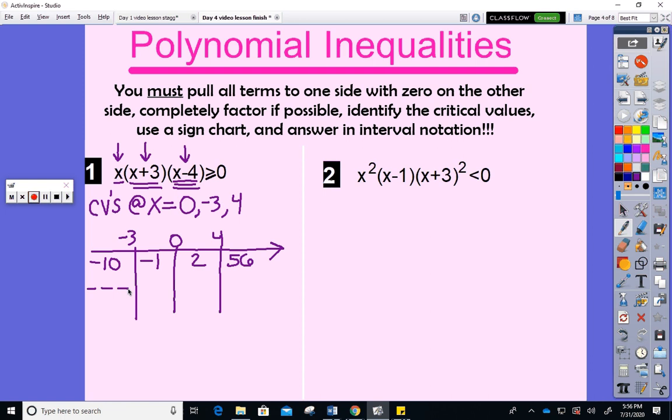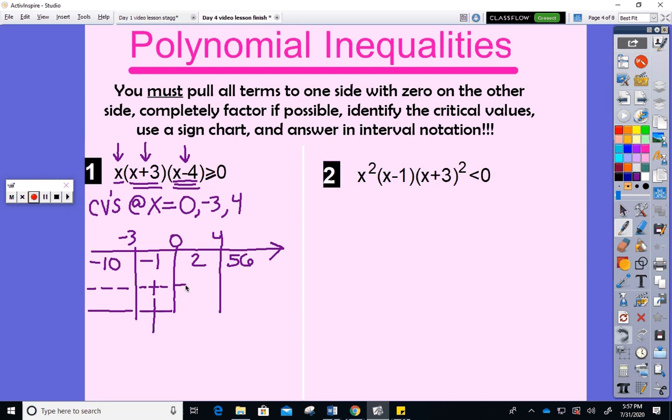And if I multiply out 3 negatives, my result's negative. So I'm going to make the result sign really big. When I plug negative 1 into x, I get a negative. When I plug negative 1 into x plus 3, I get positive 2, so I get a positive. When I plug negative 1 into x minus 4, I get a negative 5, which is negative. That didn't write where I meant for it to, so let's try that again. So multiplying out 2 negatives gives you a big positive result.